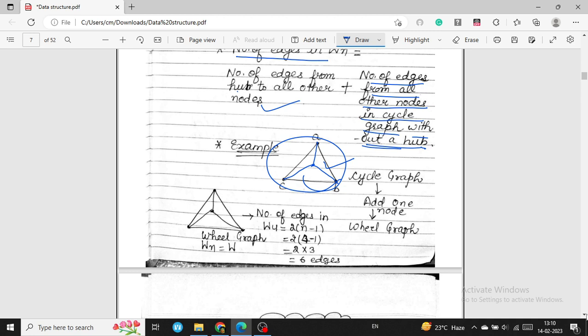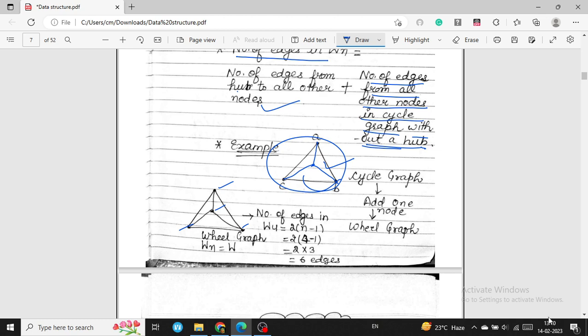The number of edges here is 1, 2, 3, 4, 5, 6. How to calculate? 2 times (n minus 1), where n is 4 because nodes become 4. 4 minus 1 is 3, 3 times 2 is 6. So you can check the edges will be 6. So that's why we can say that it is a wheel graph. When we add one node, it converts from a cycle graph to a wheel graph.